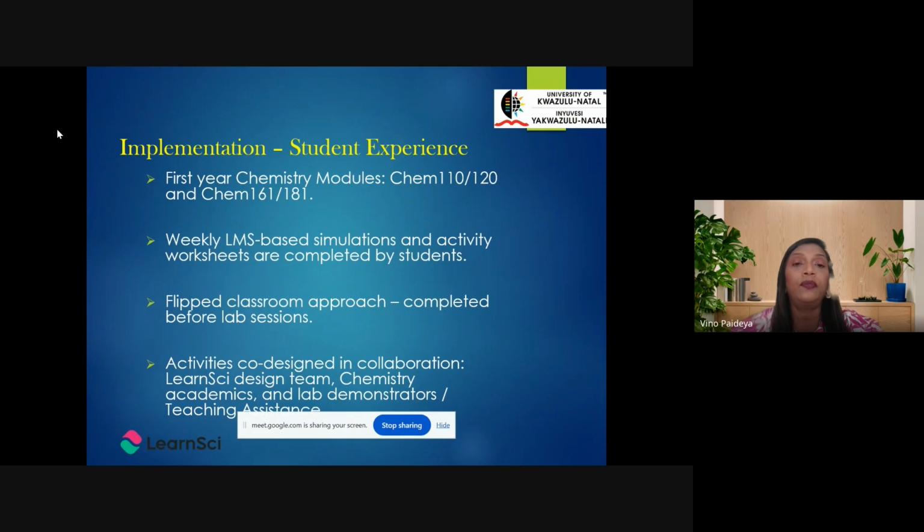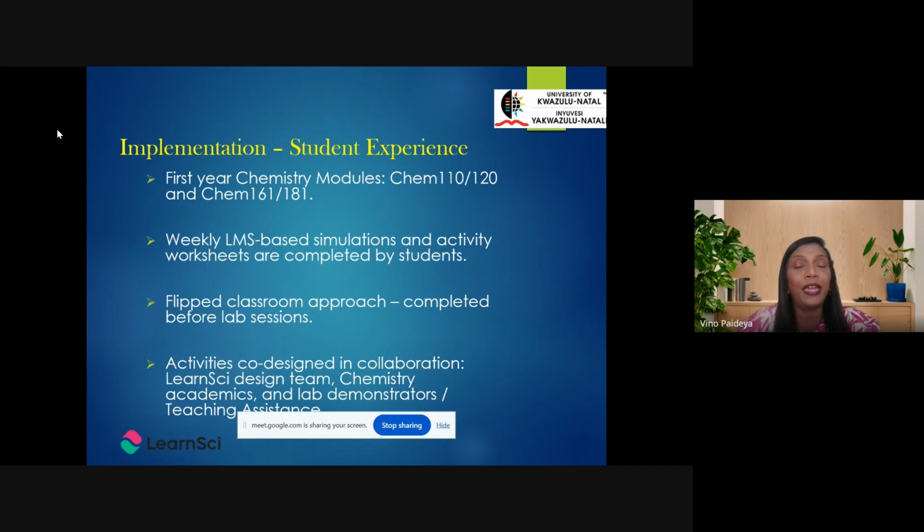So in terms of the implementation and the student experience, these smart worksheets and simulations were presented to our first year modules, Chem 110 and 120, and then our engineering modules, Chem 161 and 181. They were based on weekly LMS simulations and activity worksheets, and were completed by the students, and they were given a week to complete these activities.